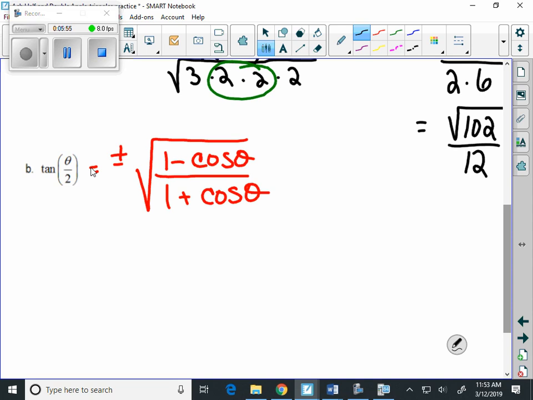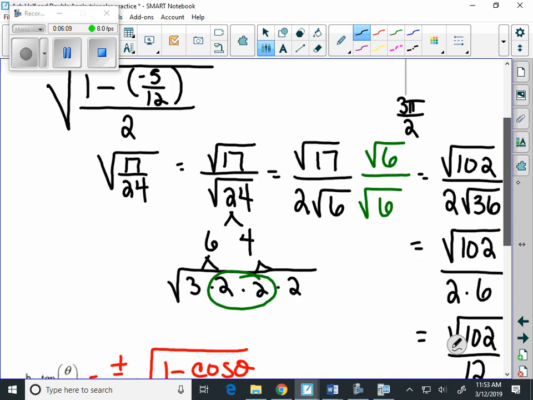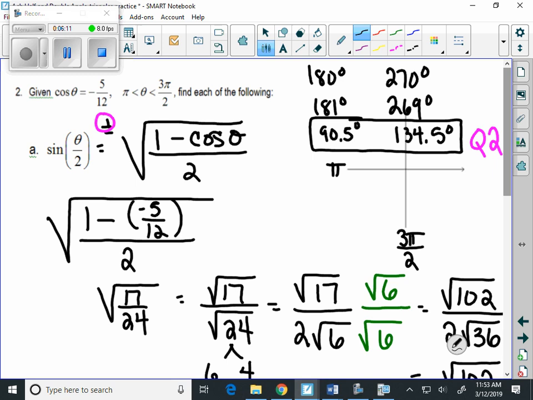We are given the fact that the cosine of theta equals negative 5/12. So we can fill that in. But what I want to deal with first, and I want to go back to the top of this page here for a minute, is that we need to know what the sign, positive or negative, is of our answer. Once again, we converted the pi and the 3 pi over 2 into degrees.